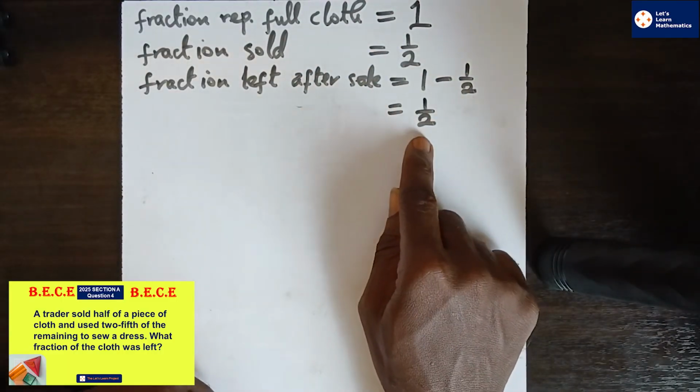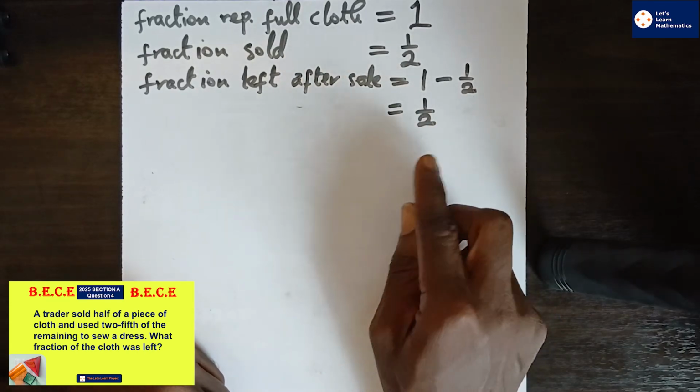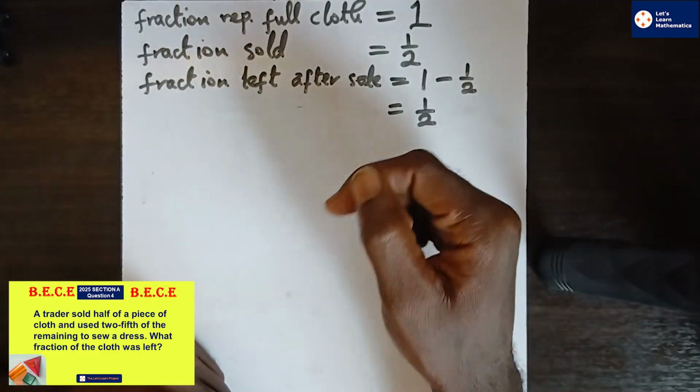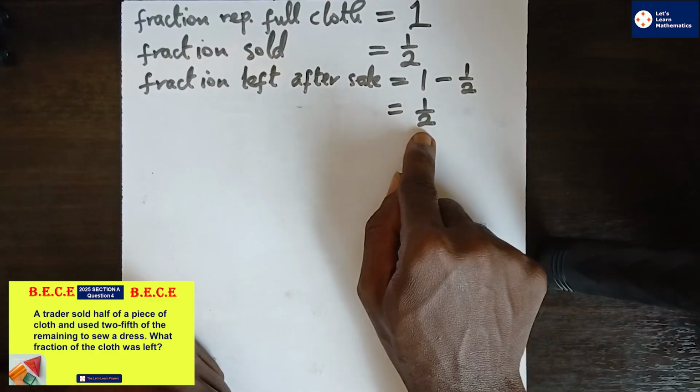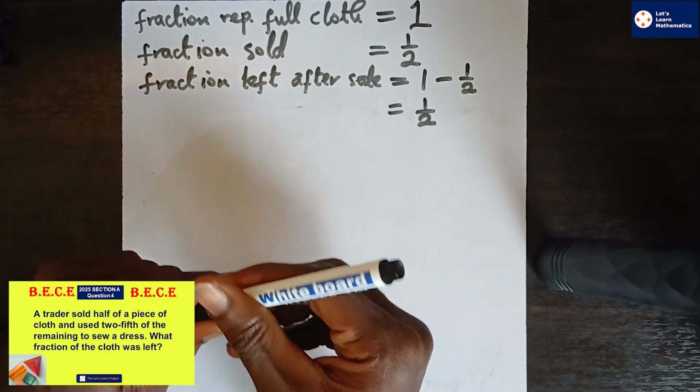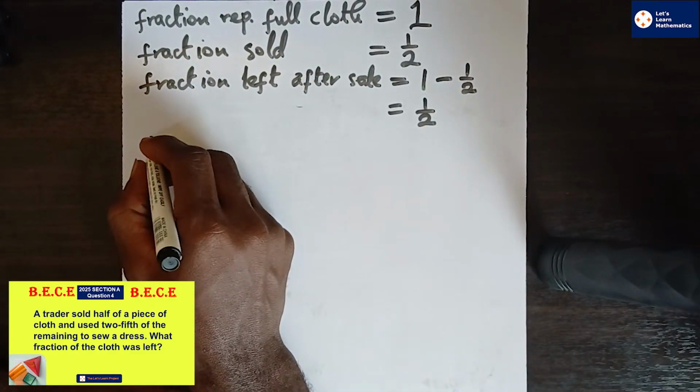So after this, the question goes on to say that 2/5 of the remaining was used to sew a dress. So 2/5 of half was used to sew a dress. So let's get that particular fraction.